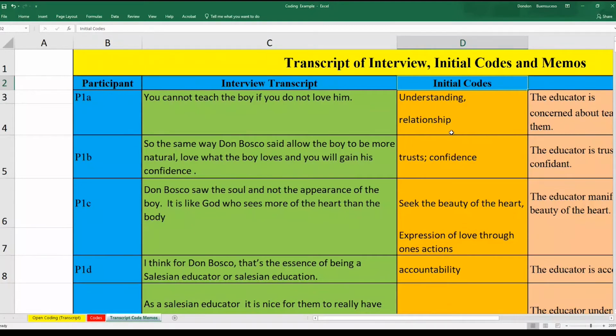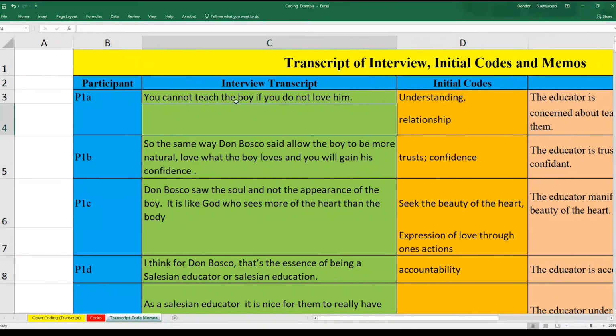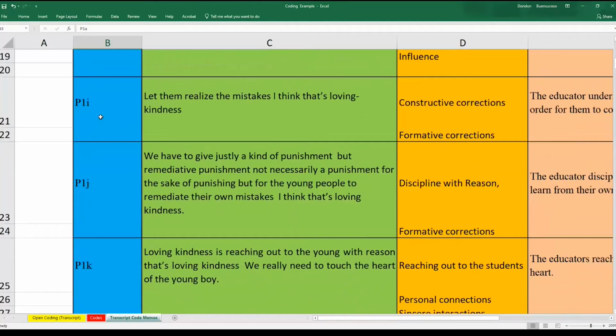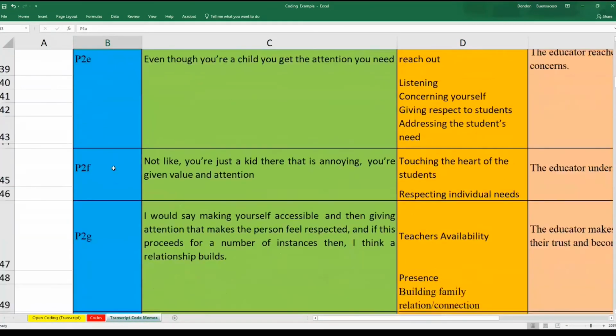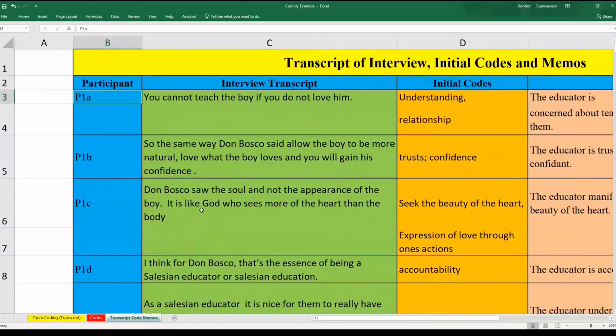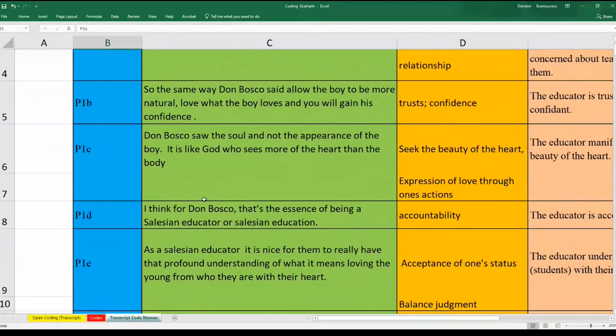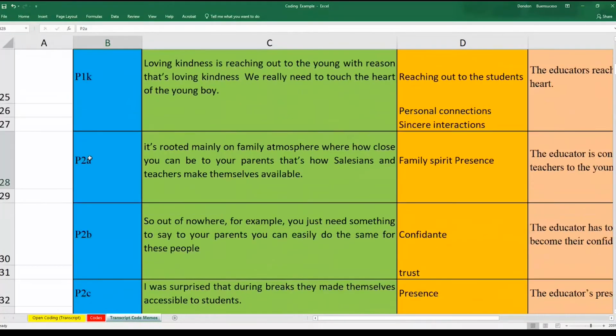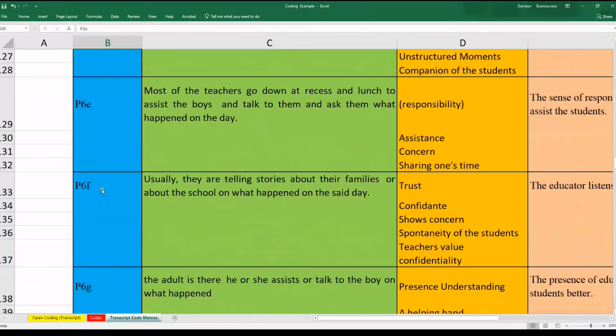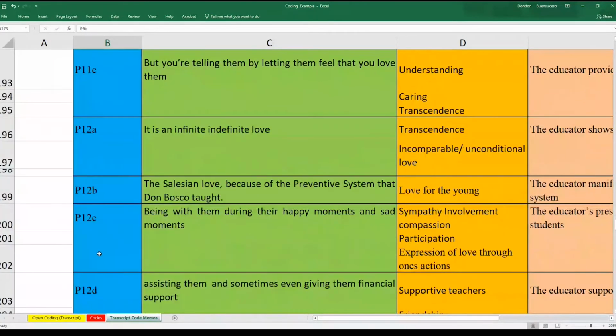Yes, Doc. Yes po, Doc. Thank you, sir. So this is the interview transcript. Participant one, all the answers of the participant. This is the start, the initial coding, initial identification of the meaning units. So participant one, 2, 3, 4, 5, 8, 9.